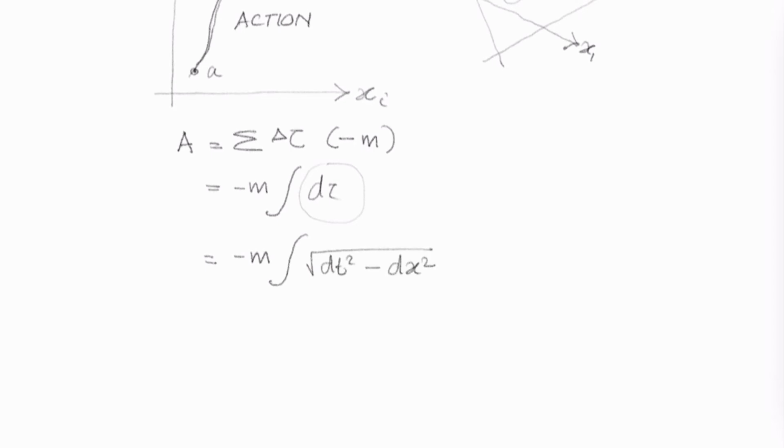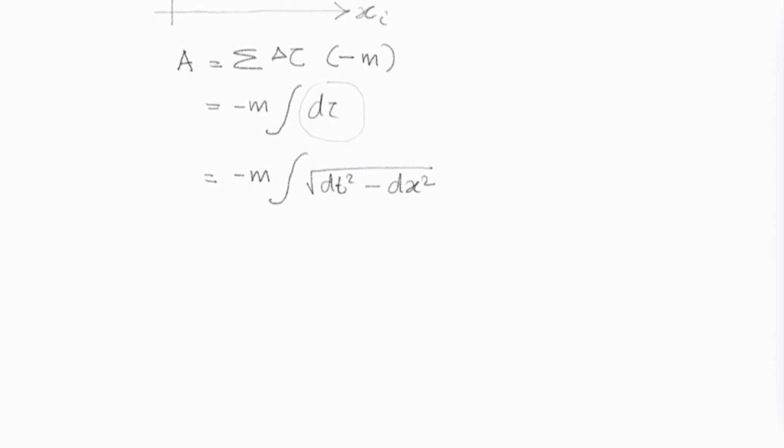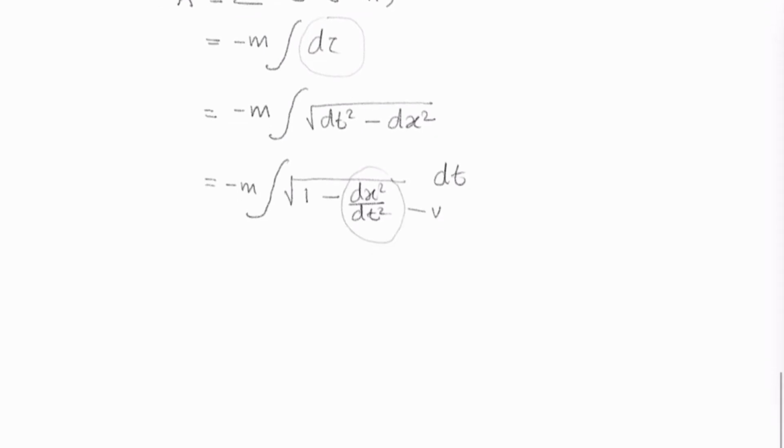Let's take dt out of this square root. So it becomes square root of 1 minus (dx_i over dt) squared, times dt. So what is dx_i over dt? It is velocity. So action is minus m integral of square root of 1 minus v_i squared dt.